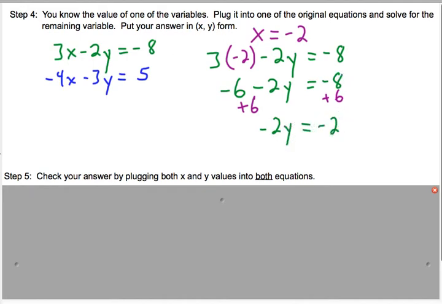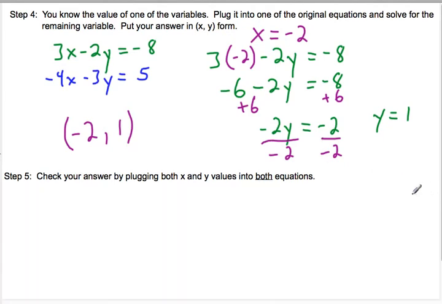And then when I divide by -2, I'm going to get y is equal to 1. So we need to put our answer in xy form. So x was -2, if you remember, and then y was 1. So that's what we think our answer is.